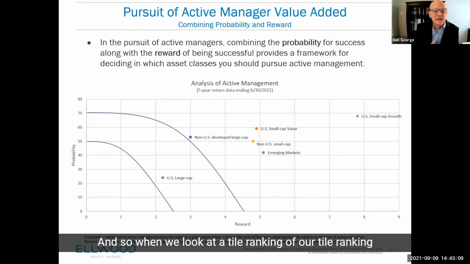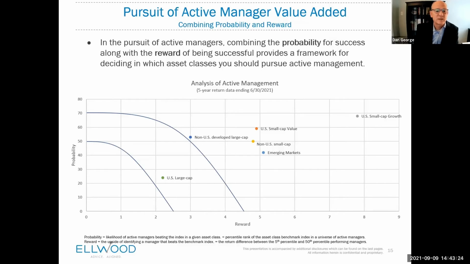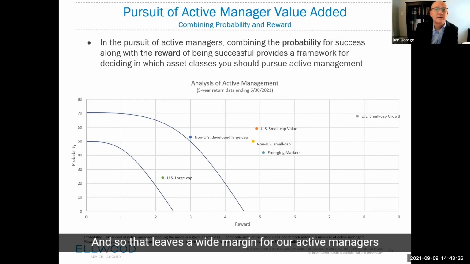So when we look at a 70th percentile ranking of an index fund, that means it's being outperformed by 70% of the active managers. And so that leaves a wide margin for our active managers in these different spaces. The higher a plot point on this page, the more compelling the probability is for us to pursue that asset class from active management.